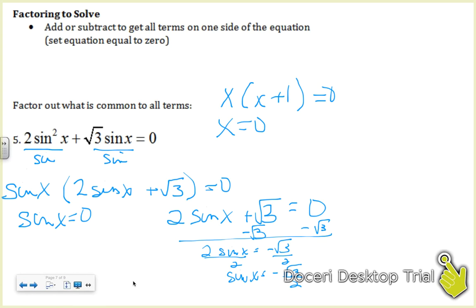So what I'm looking for is when sine is 0, and when sine is 0, the y value is 0, and that would be at 0 and pi and 2 pi. Now on your homework, you have these directions.